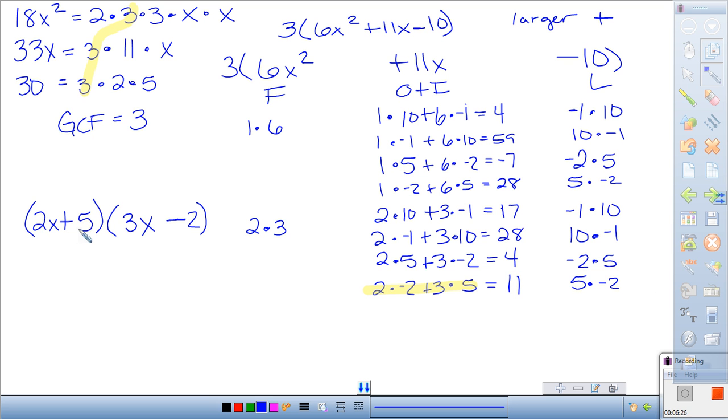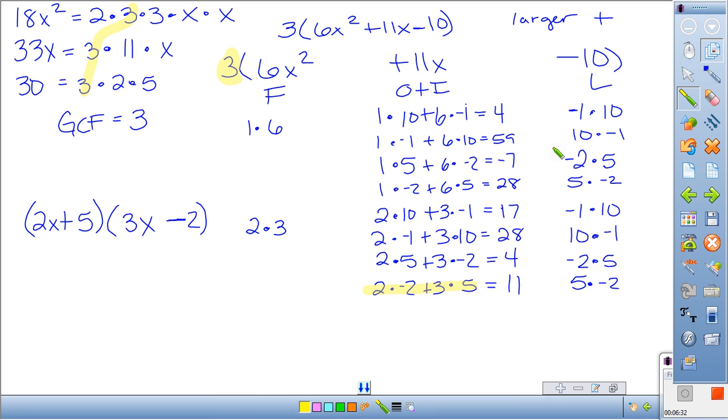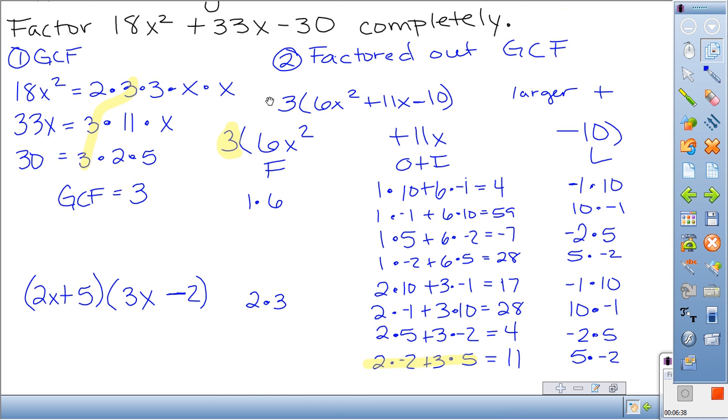Most importantly, though, do not forget this 3 right here. If you FOIL this out, you will not end up with what you started with of 18x squared plus 33x minus 30 unless you have the 3 here.